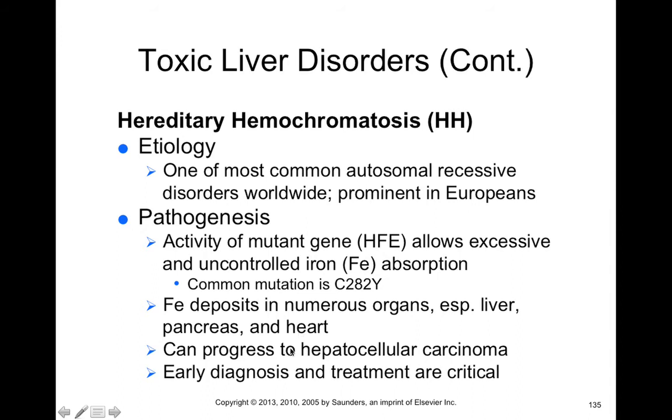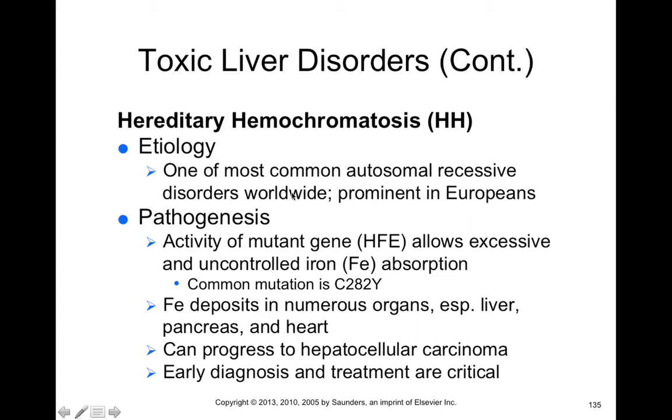Now, this can progress to hepatocellular carcinoma or even cirrhosis, but what's interesting too is that for those individuals with hereditary hemochromatosis, they seem to be more resistant to tuberculosis infections because of the way they store iron, and because macrophages lack as much iron in individuals with hereditary hemochromatosis.